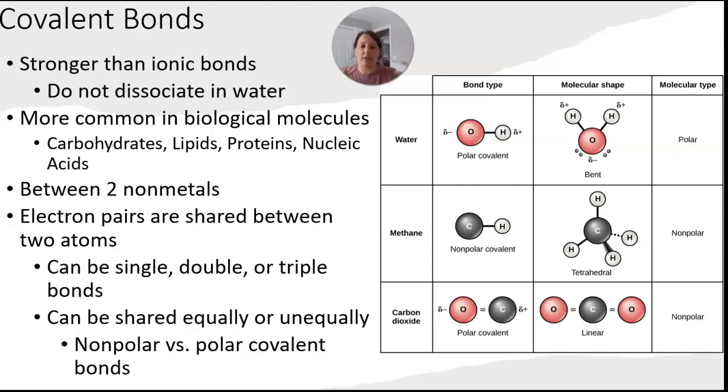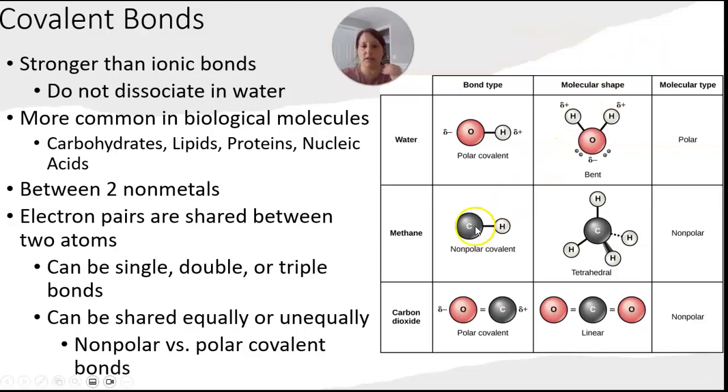The force holding them together is stronger when there's more bonds. The electrons might be shared equally, or they might be shared unequally. So we call a bond in which two electrons are being shared equally a nonpolar bond.